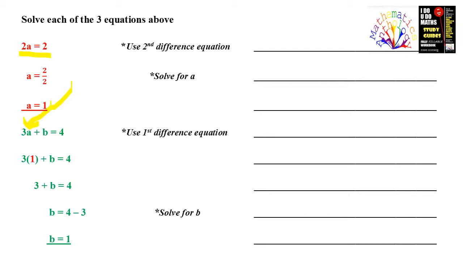So instead of a, we know it's 1 because we just worked that out. So 3 times 1 plus b is equal to 4, which makes 3 plus b equal to 4. So b is equal to 4 minus 3, which is 1. So we know that our a value is 1. We solve for b, and our b value is also 1 in this case.